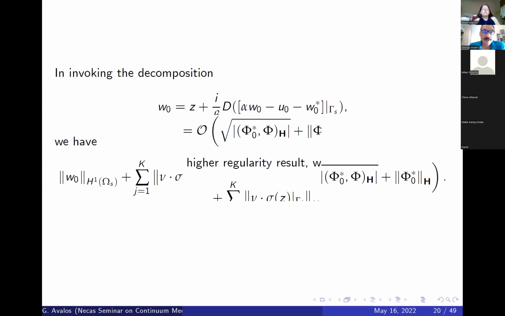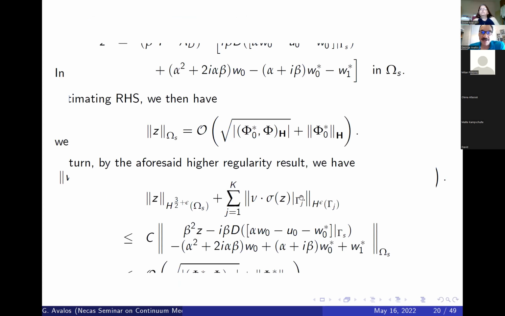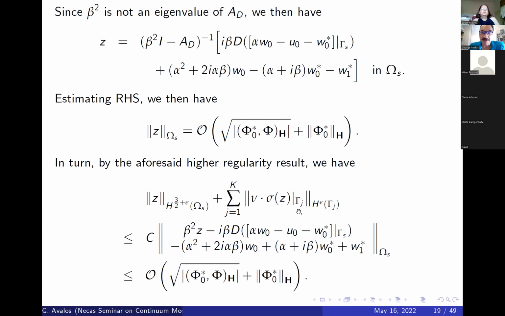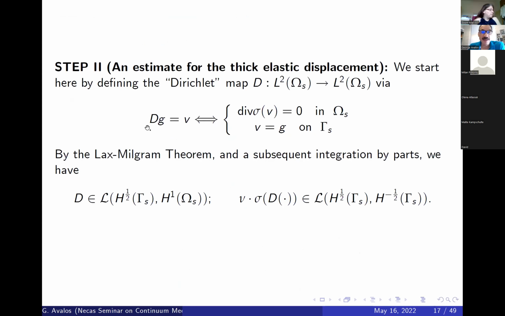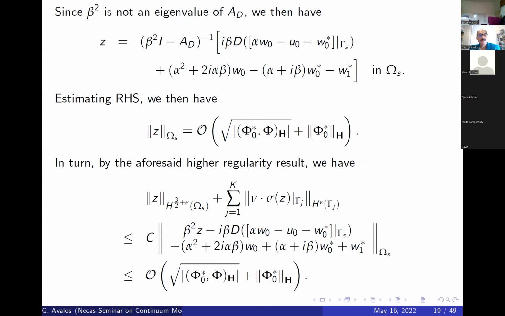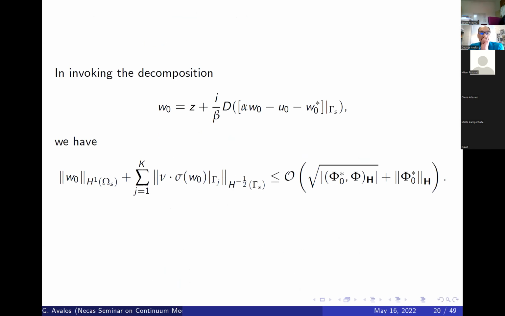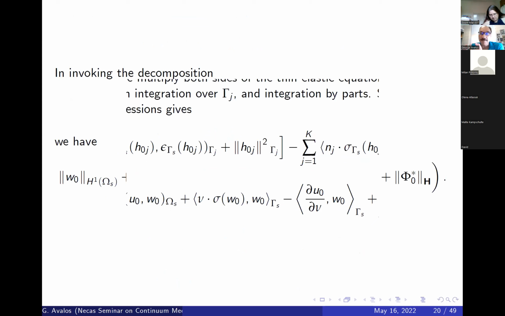Again, the flux of each homogeneous Z is well defined, as is the flux for this component D, the image under D, essentially by integration by parts. And now we use this to estimate.